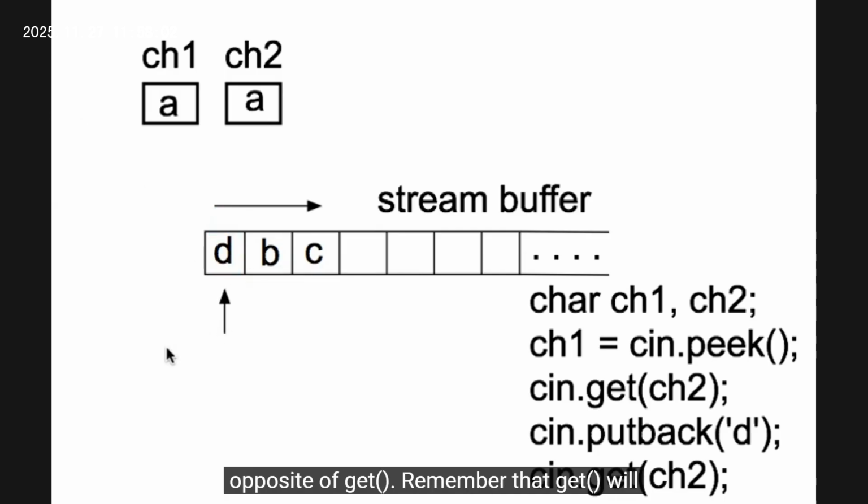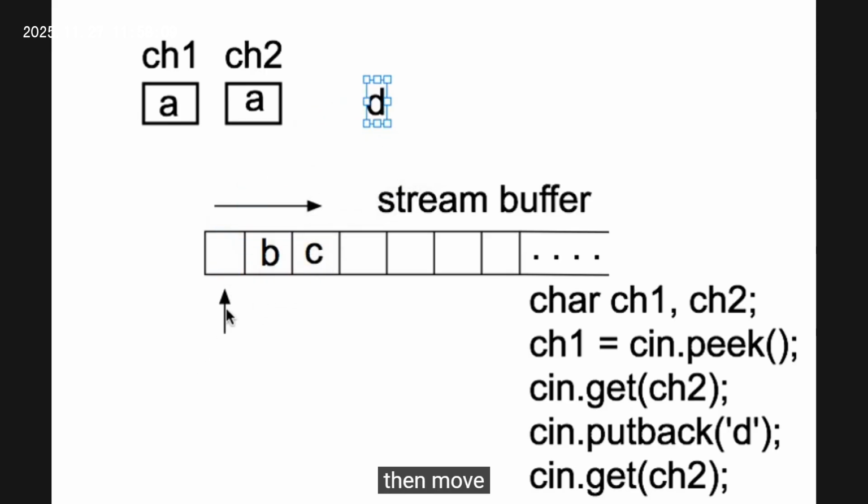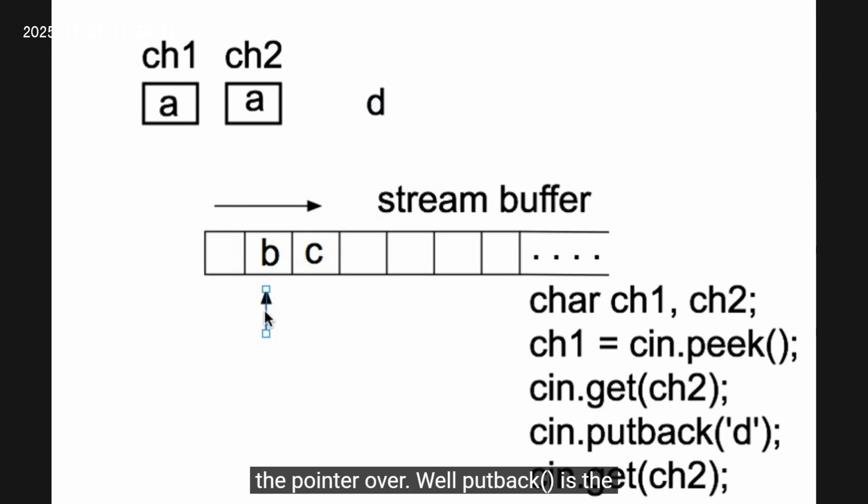It's the opposite of get. Remember that get will remove the character from the stream and then move the pointer over. Putback is the opposite. We move the pointer back over to the previous location, and then we store whatever single character we want in that location. In this example, I'm just putting back a D.